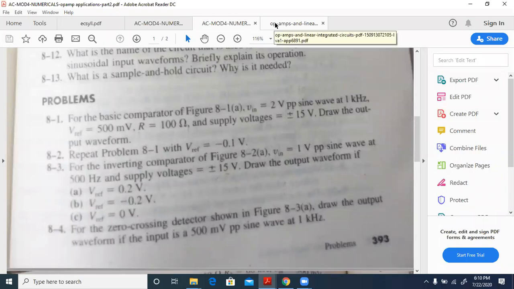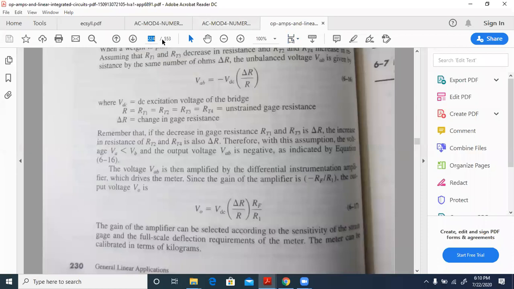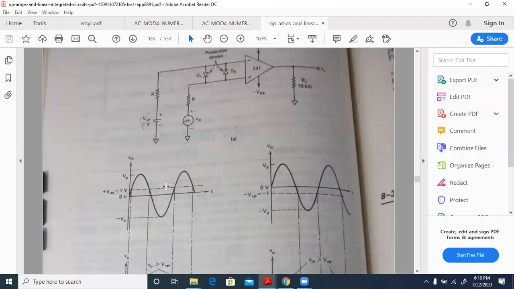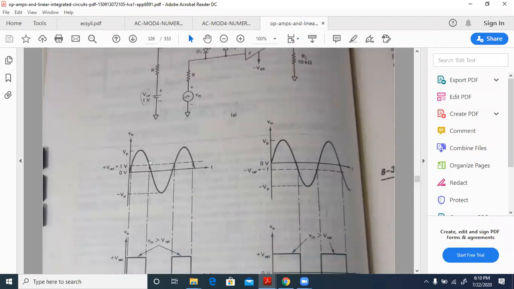So we will go to page 326 over here and see what the output corresponding to that is. If you see here, this is a problem wherein he has taken the value of Vmax might be 4 volts or 5 volts. So that might be 8 to 10 volts peak to peak. And the reference voltage is at 1 volt.